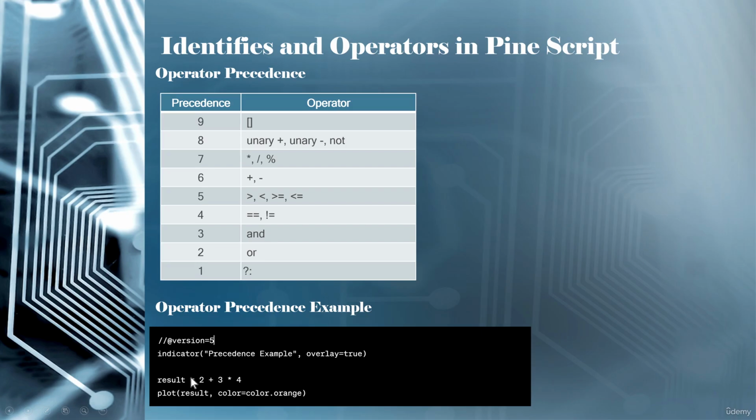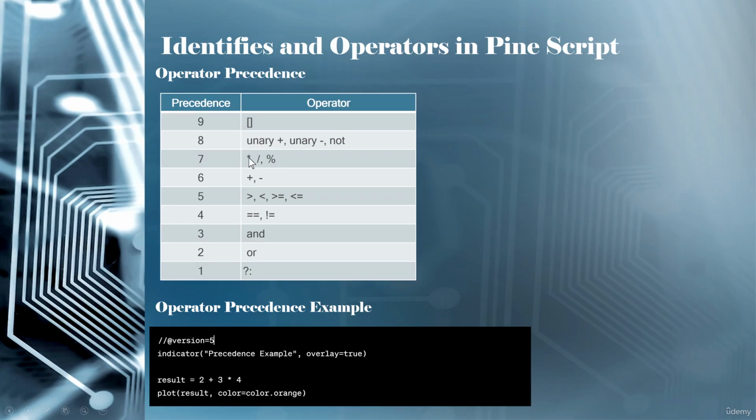In this example, we are defining variable result and we are assigning the value 2 plus 3 multiplied by 4. How is this value calculated? This value is calculated using the operator precedence rules that we have in this table. First the multiplication operator will be executed. Why? Because the multiplication operator has a precedence of 7, but the arithmetic addition operator has a precedence of 6.